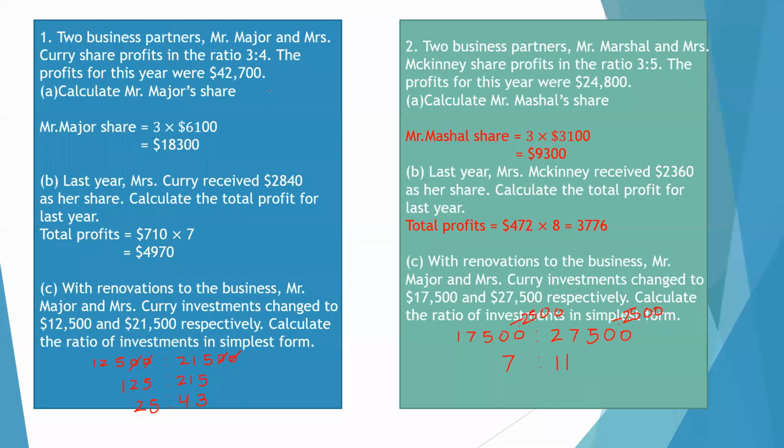So the two numbers we have is, and write this down, Lanaya, seeing that you didn't have it for last week Thursday. Okay. So we have 17,500 to 27,500.